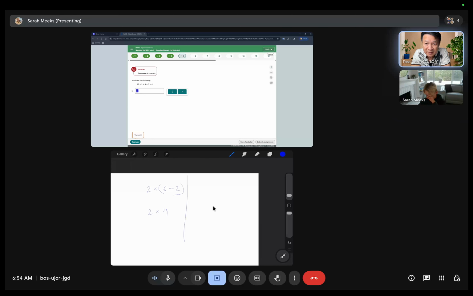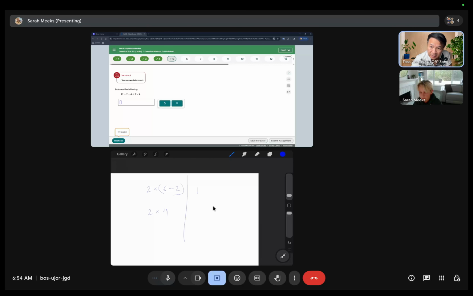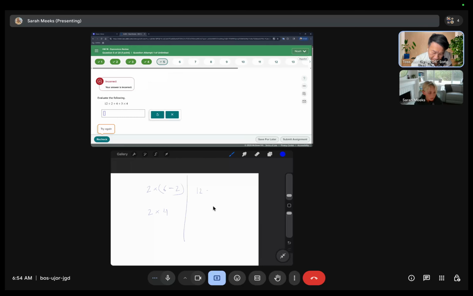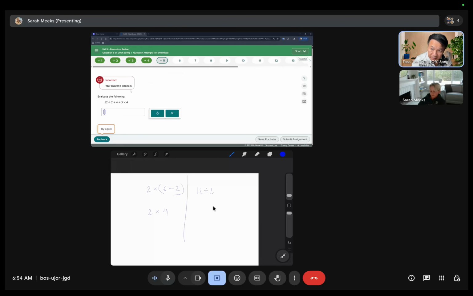I can't see the symbol unless you tell me. 12 divided by 2 plus, all pluses from there, plus 4 plus, and then 3 times 4 at the end. So 2 pluses right here, right?